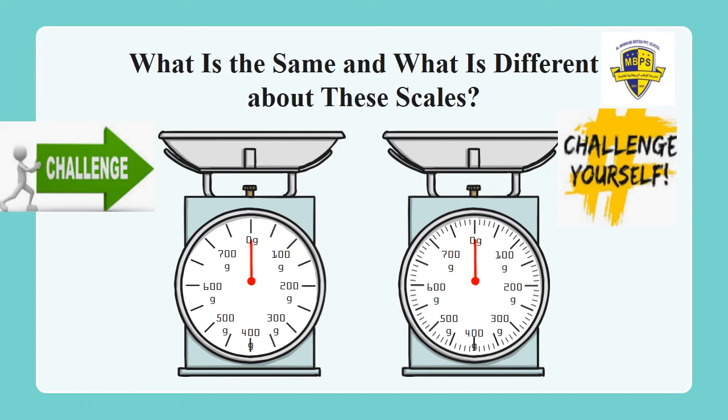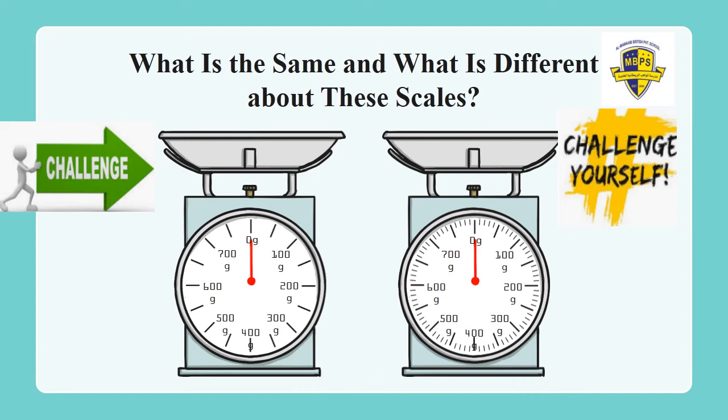What is half of 100? It's 50. Excellent. So here this line represents 50. To check that, let's count on to see if it is correct or not. 0, 50, 100, 150, 200. So yes, this is working well.